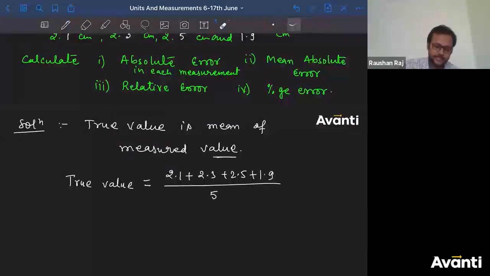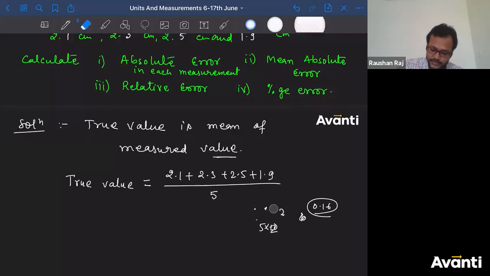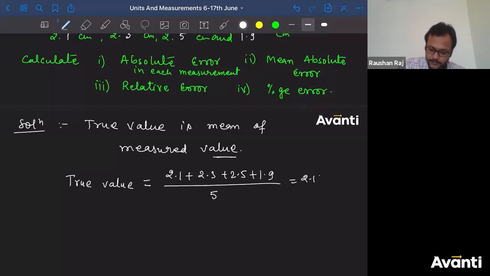I have considered that 2 stays here, so 0.1 plus 0.3 is 0.4, 0.4 plus 0.5 is 0.9, 0.9 minus 0.1 is 0.8, 0.8 by 5. Did you get this?